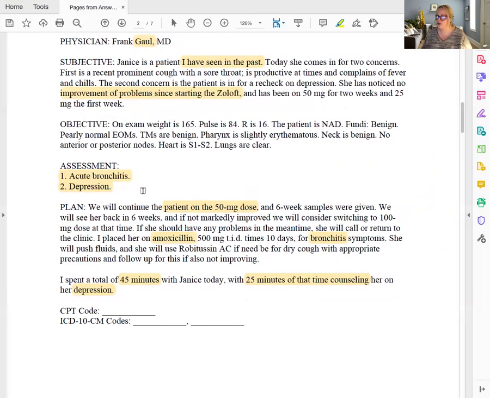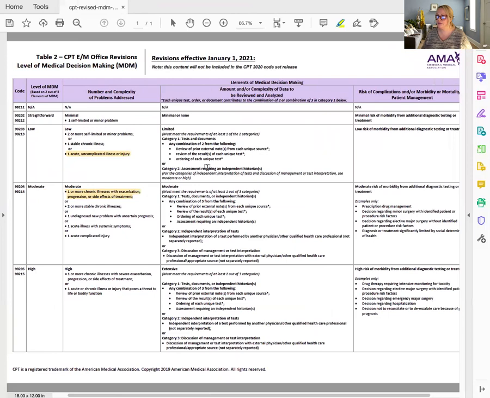There were no tests ordered by this provider today, nor any other areas of complexity. And for risk and complications of morbidity and mortality, we have prescription drug management, which puts us to a moderate level 4 visit for this patient for the medical decision making.